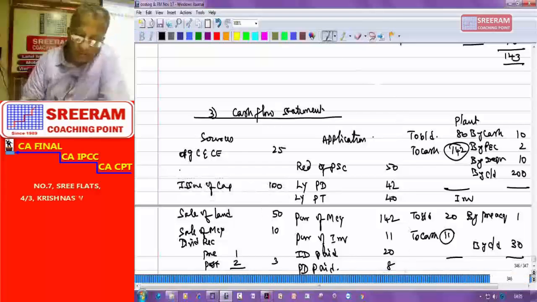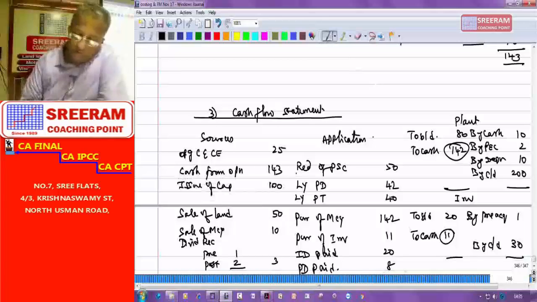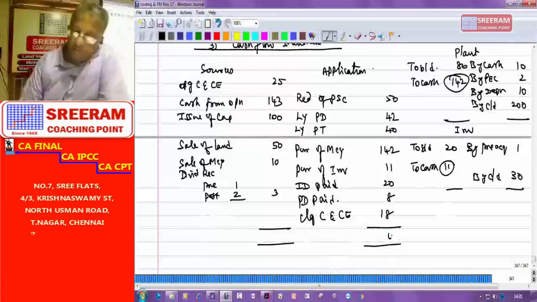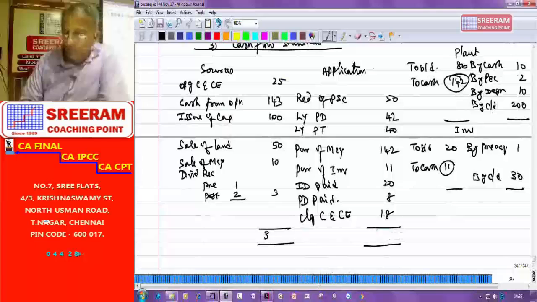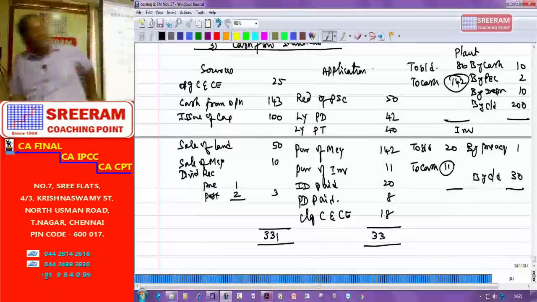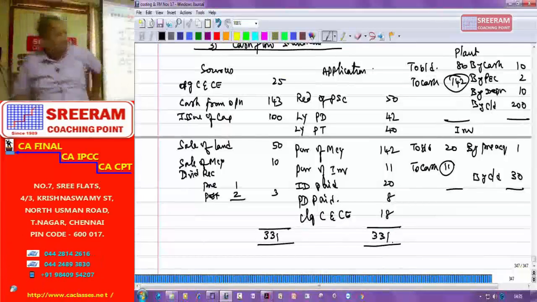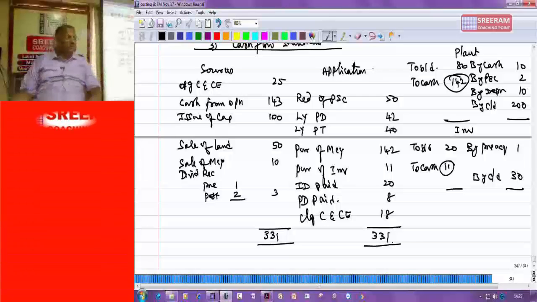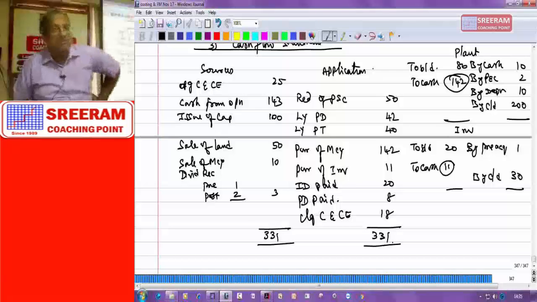Cash from operation 143. That's all. What is this? Cash flow statement for internal purposes. Now all of you closely follow. I will not allow you to copy.